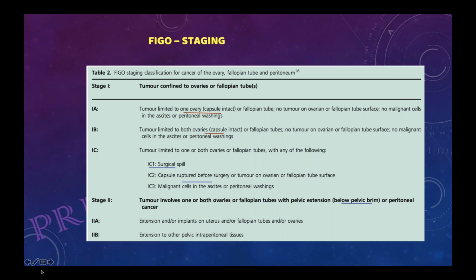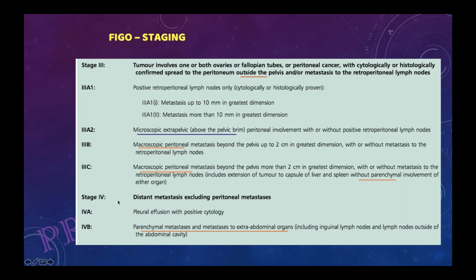Okay, you will get question from here also. This is stage 3. In stage 3, tumor has gone outside the pelvis. If it is outside, then we are dealing with stage 3. So stage 1, 2, this stage is microscopic. Till here it is microscopic, we can see under the microscope only.